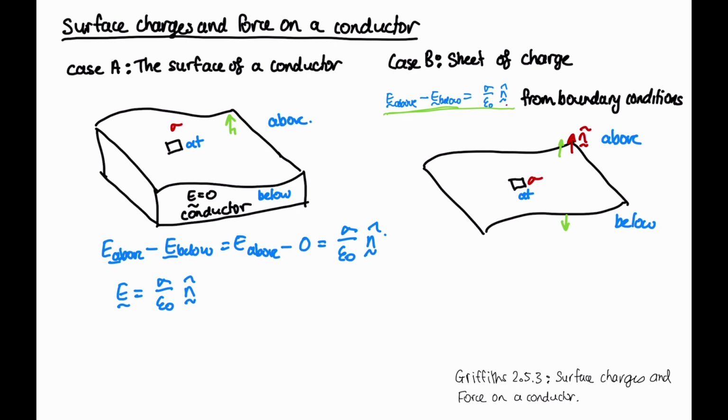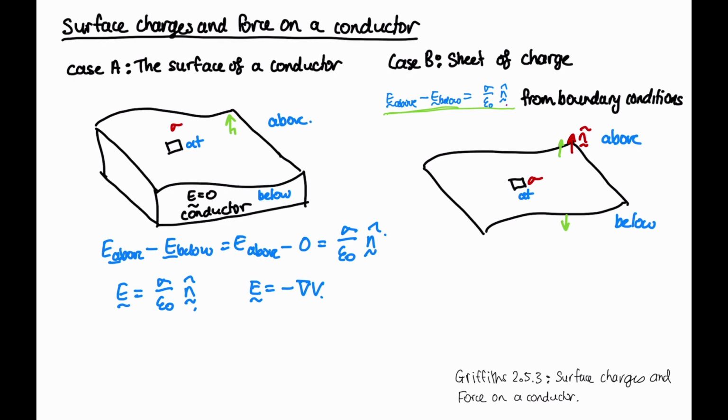Now, it's useful to also remember that the electric field is equal to minus the gradient of the voltage. So this lets us come up with an expression for the voltage because the only component of the electric field that contributes is the normal component.